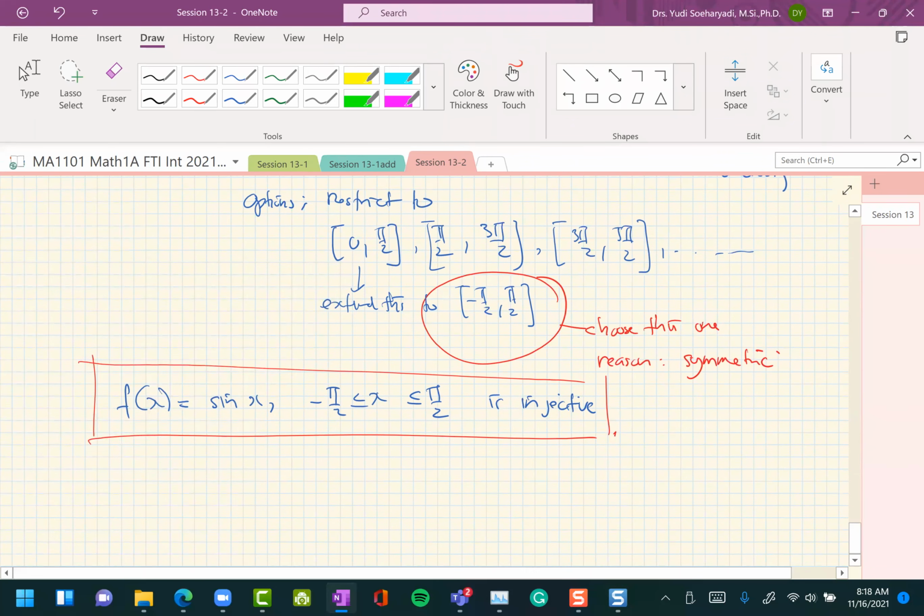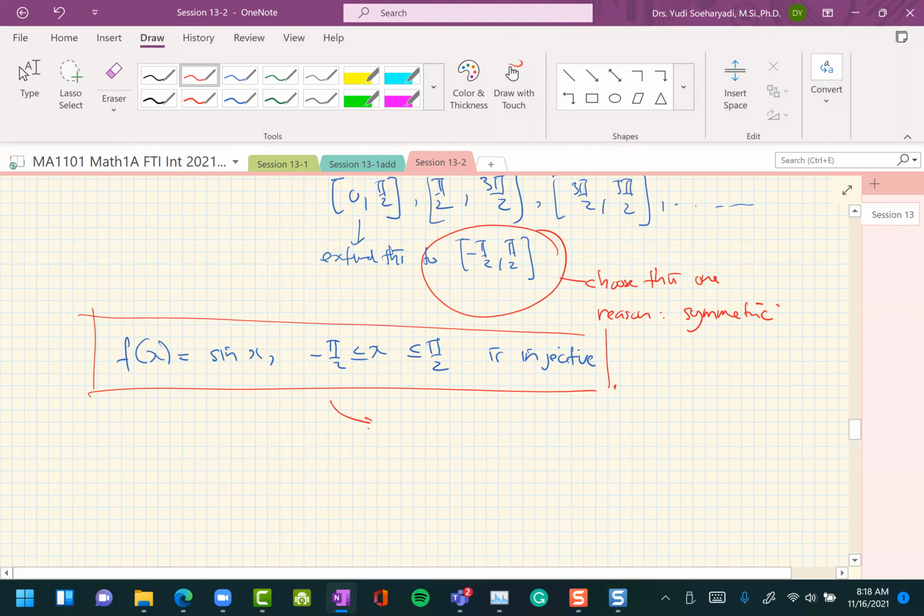Therefore, it has an inverse. So what does it mean? This is what we call the arcus sine, or arc sine x.